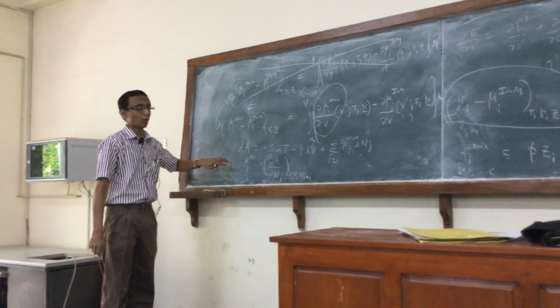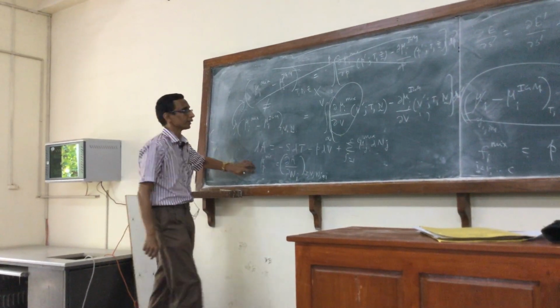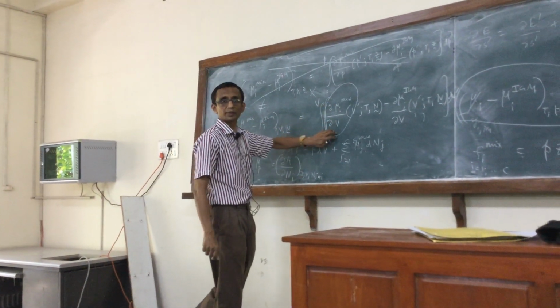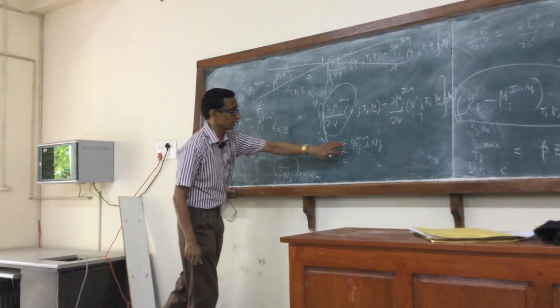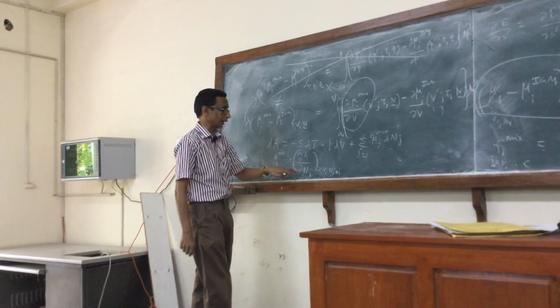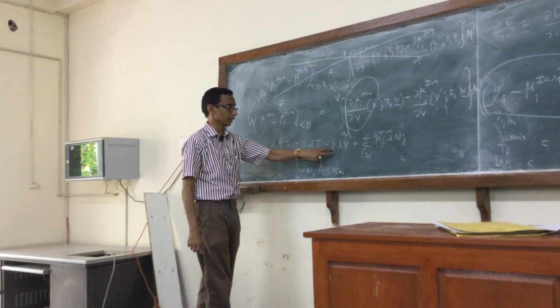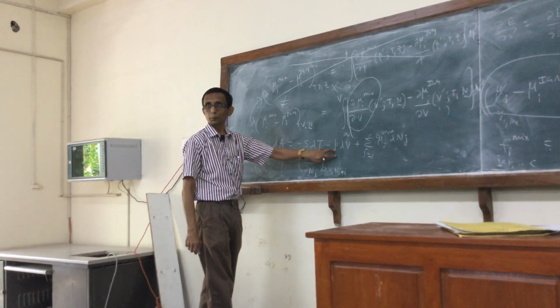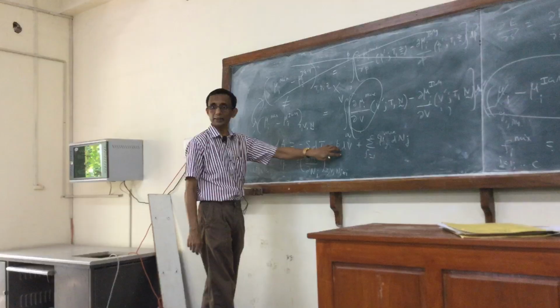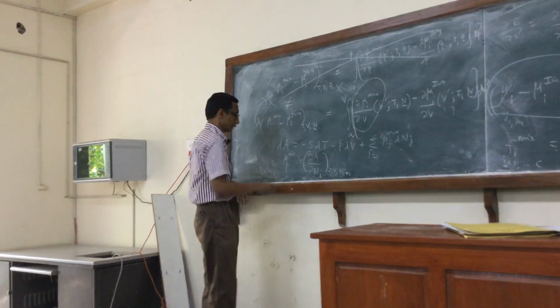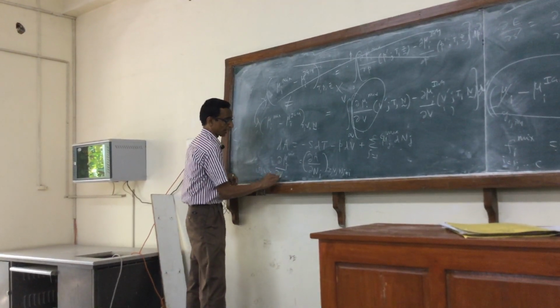This is what I have. But what I want here is not this, but the derivative of that with respect to V. Now if you see, this is dA by dNi, and this is dA by dV. So what I want is d by dV of that.